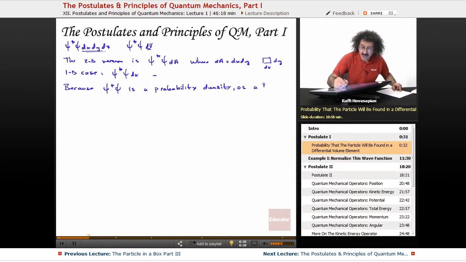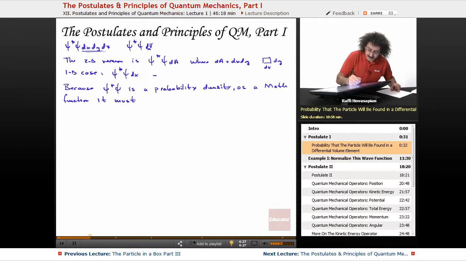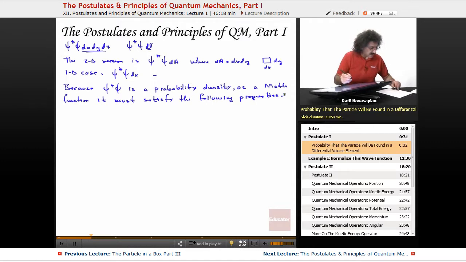As a mathematical function, let's just say as a math function, it must satisfy the following properties. So we are dealing with mathematical functions here, and certain things have to be the case.